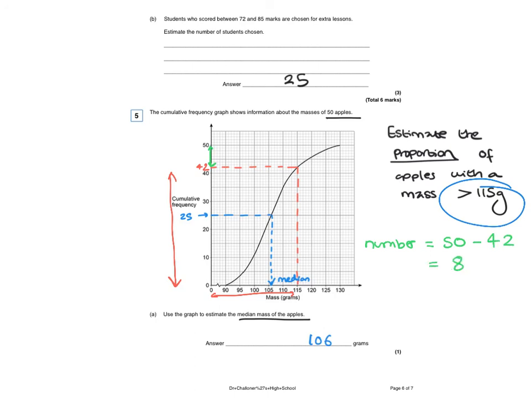But the question asks for the proportion of apples. So the proportion is 8 out of 50, which if you like, you can simplify down to 4/25, and if you want to, you can convert that to a percentage. It is 16%, which you can see if you multiply the numerator and denominator of that fraction by 4. But any of those answers is acceptable.